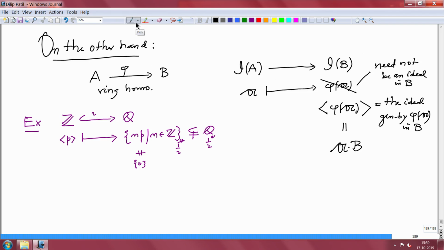So, we have defined a map. This is called the extension of the ideal A in B. So, we have two maps, and this is also inclusion preserving.